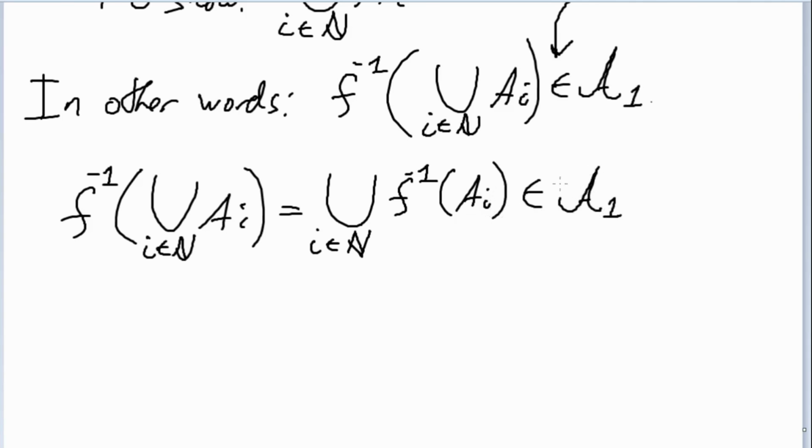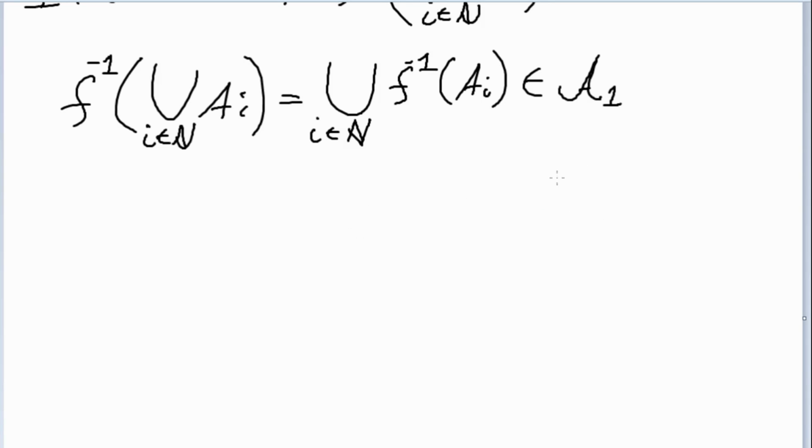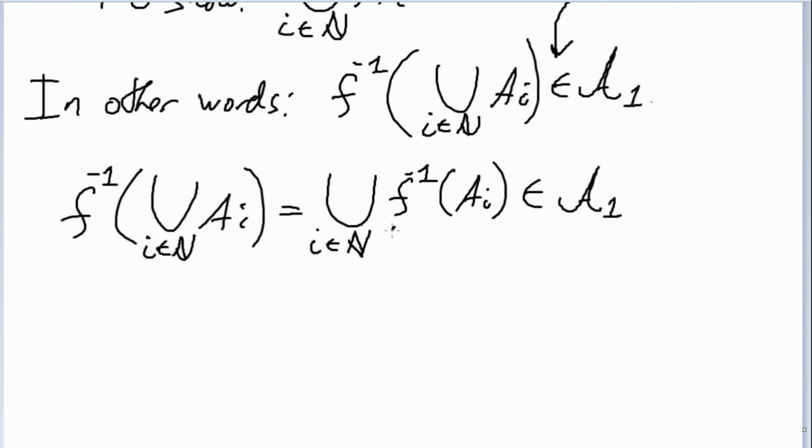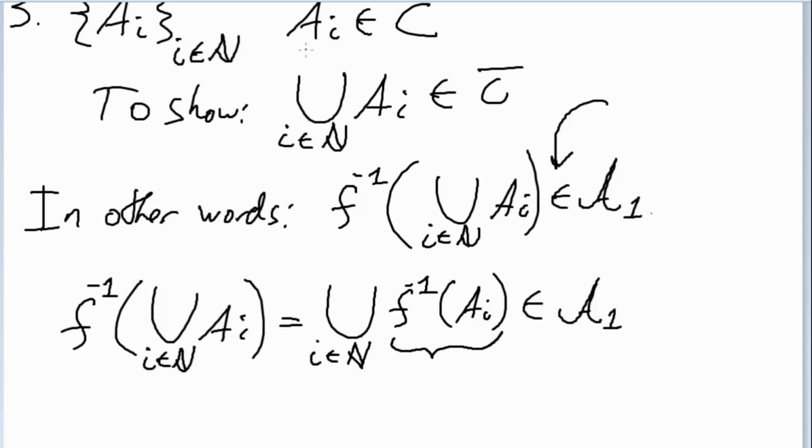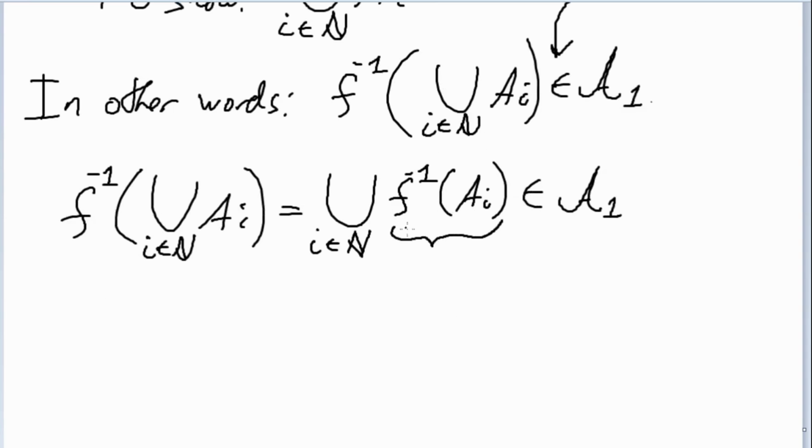Okay, so is this indeed true? Well, we know that each one of these preimages of all these A_i, they must be in A1 because they're in C-bar, right? So all of these here are in A1.